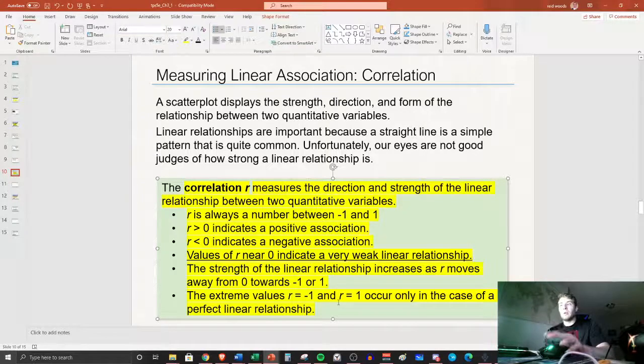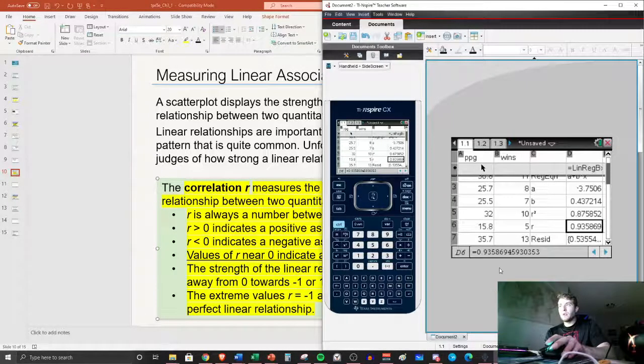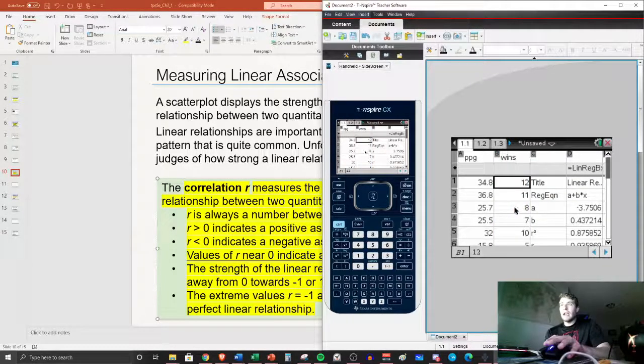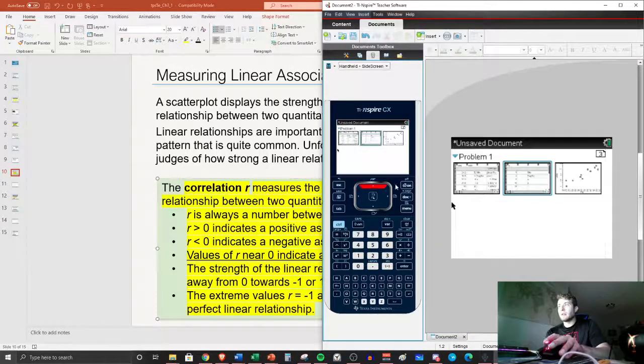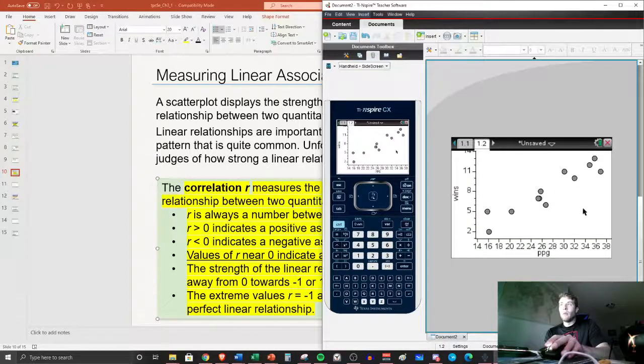Okay, so let's go back here and look at what will happen. We've got our scatter plot here, and what will happen if, let's say, this point here goes up. I'm going to keep the X value the same, but I'm going to change the Y value. Let's say that this team won more games.